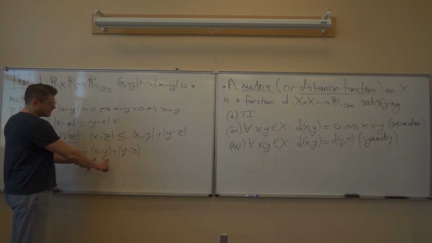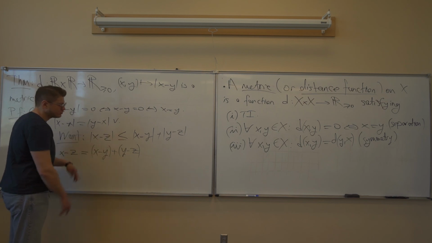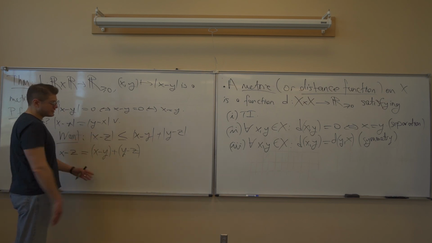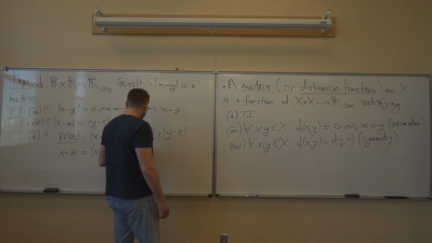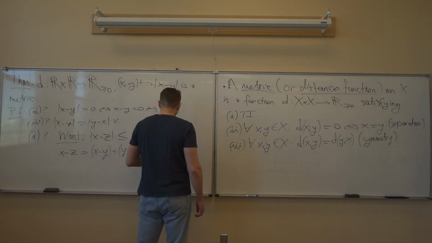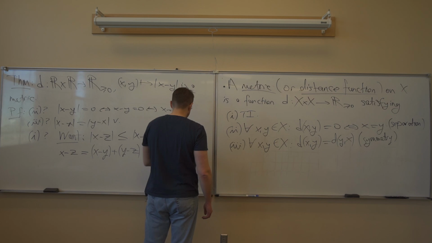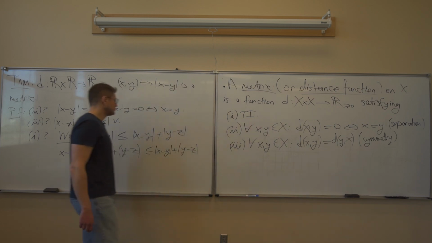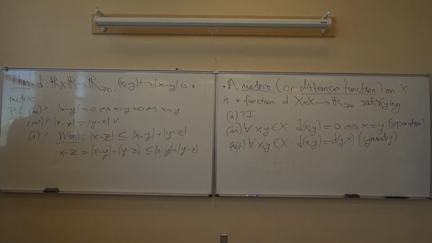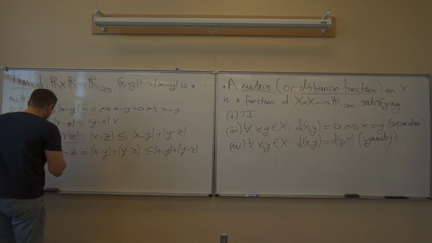But then this number, if I were to replace it by its absolute value, is going to increase possibly, and likewise this. So this is bounded from above by the absolute value of x minus y plus the absolute value of y minus z. Nice. Okay, I think we're done.